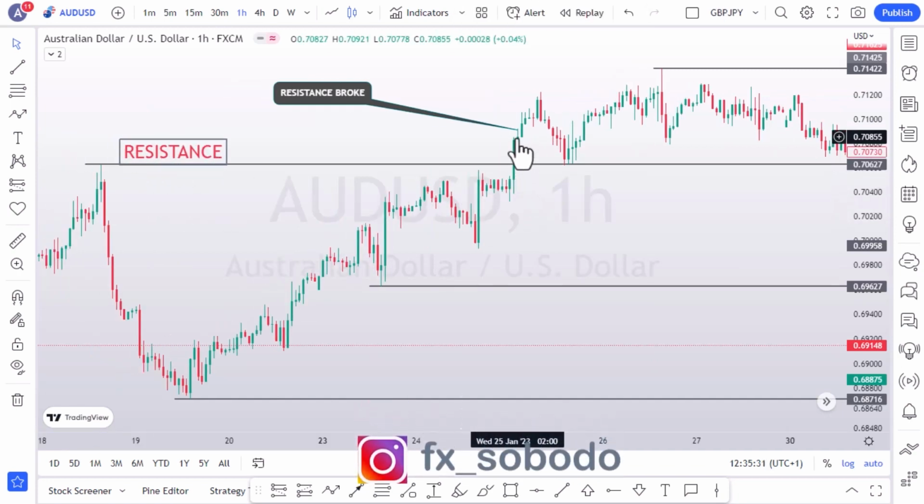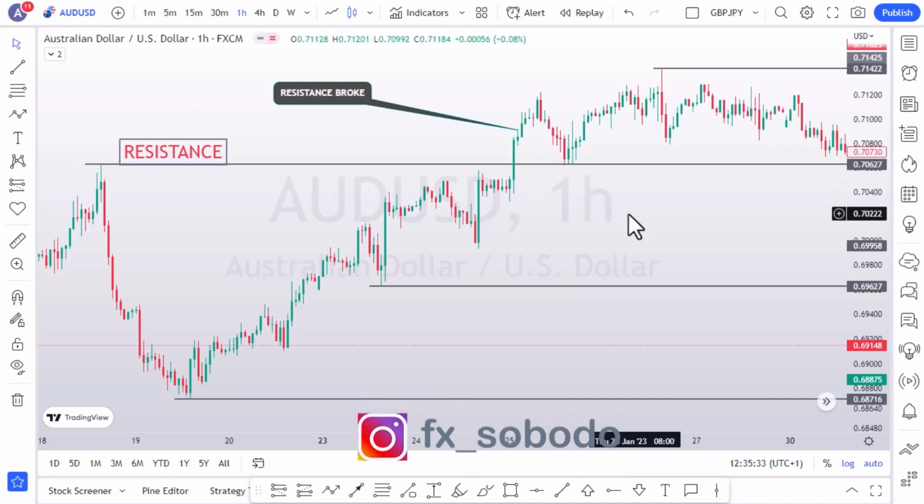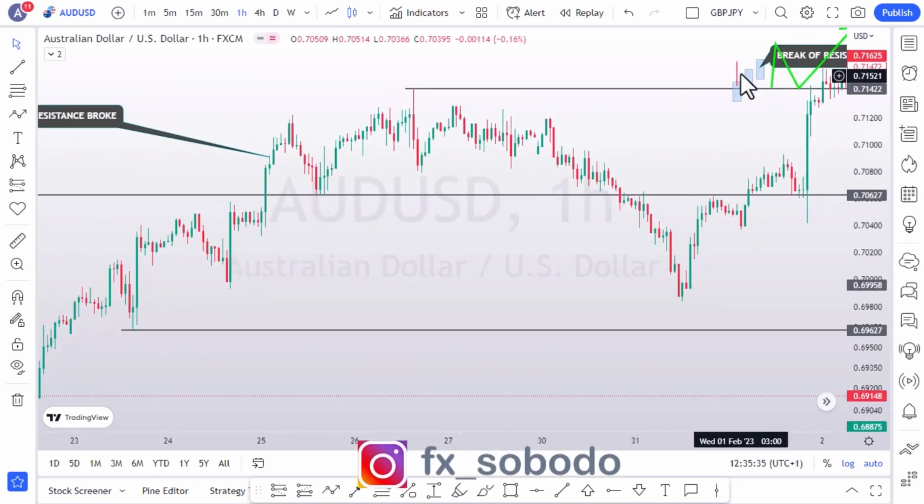When price broke resistance, remember this scenario which I explained to you here. This is what I call a break of resistance. When price is trading back and forth within the resistance, it's not a break of resistance. There is nothing like that.